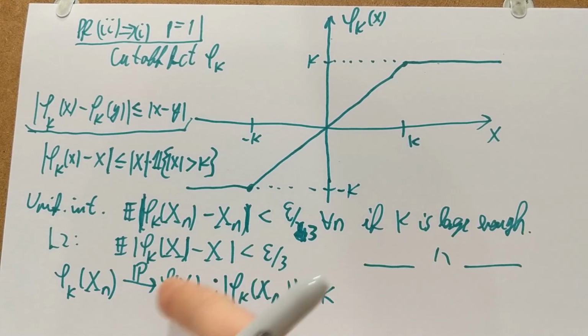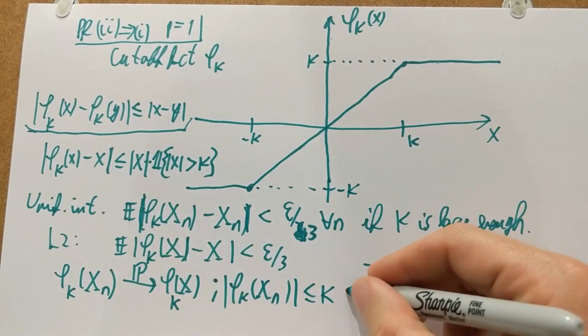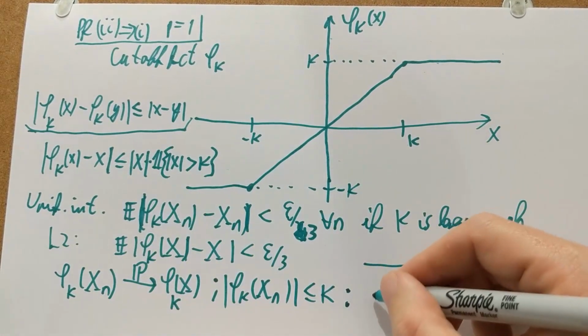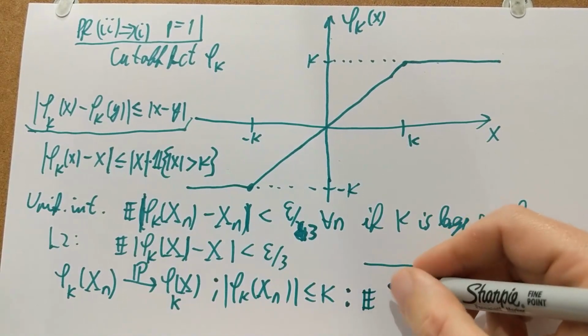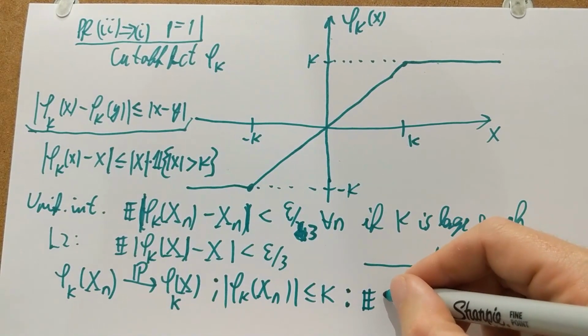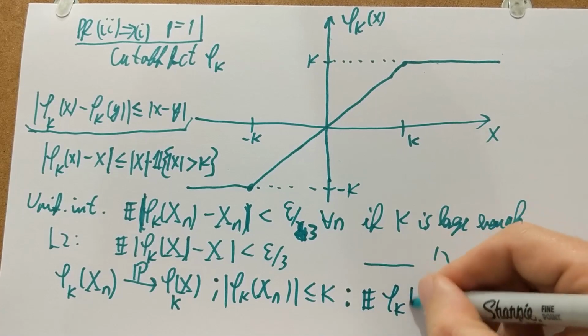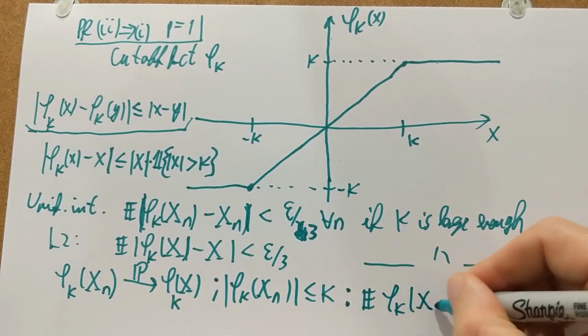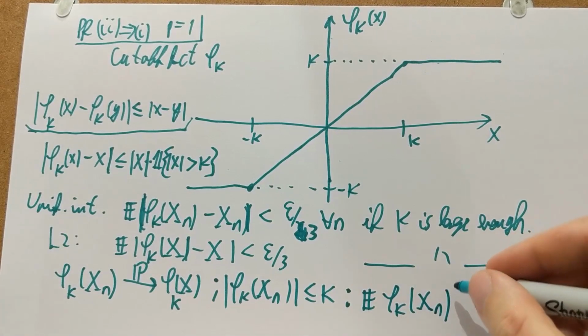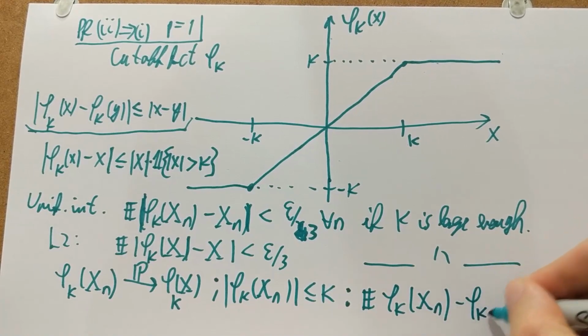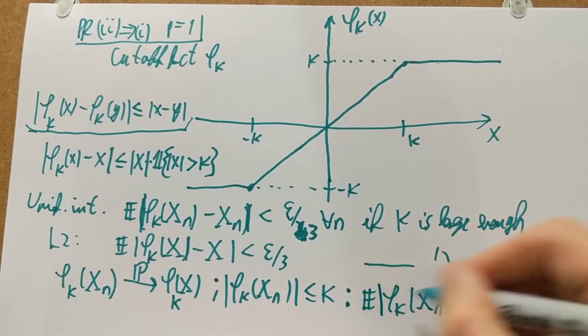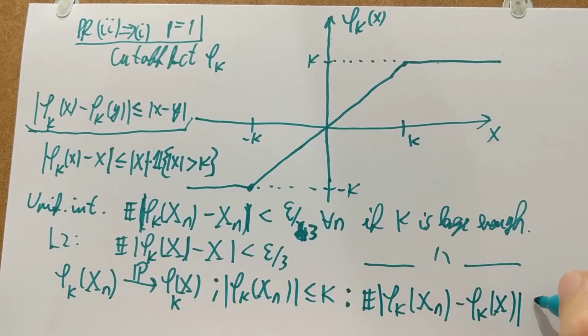And therefore, there is a version of dominated convergence which works with convergence in probability, and you can actually pass this limit in probability out into a limit on expectations, and that tells you that you can pick a large enough n. Once you fixed k, you can pick a large enough n so that the expectation of the modulus of phi k of xn minus phi k of x is less than epsilon third.